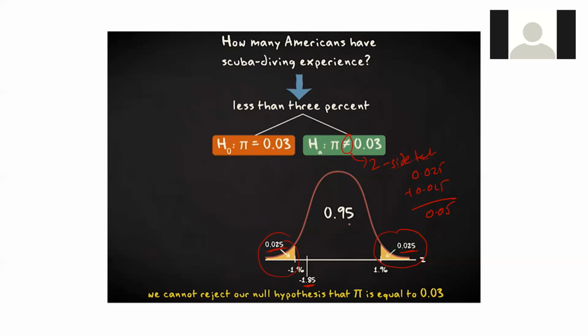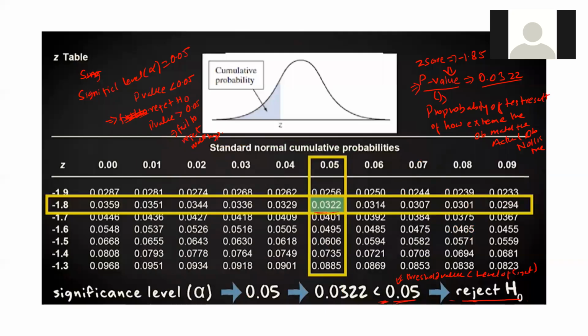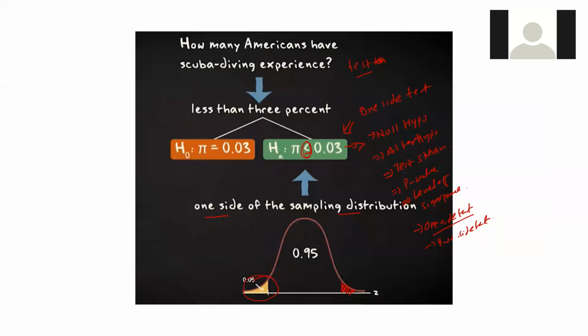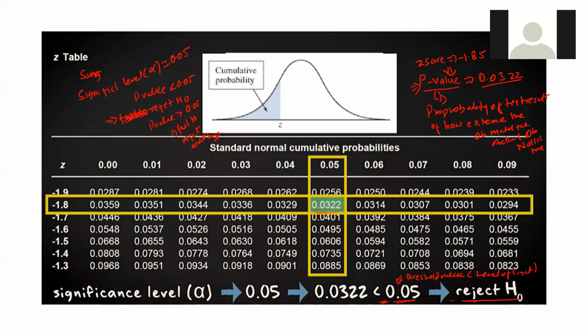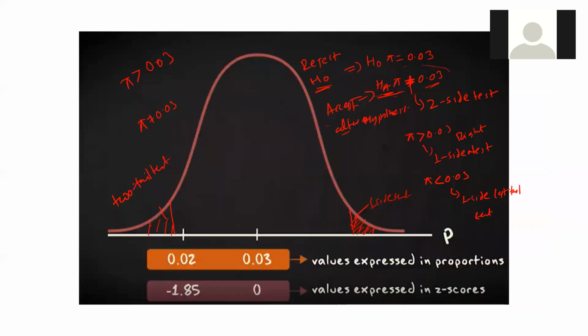Here in the one-sided example we rejected because we were checking only one side, that is less than 0.03.